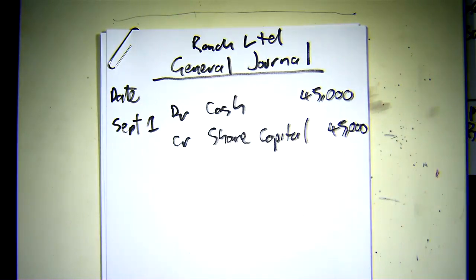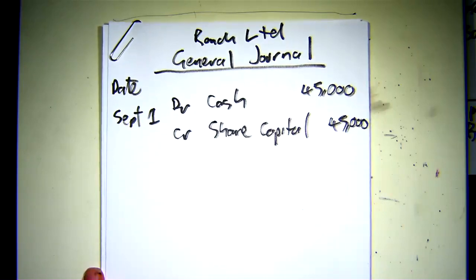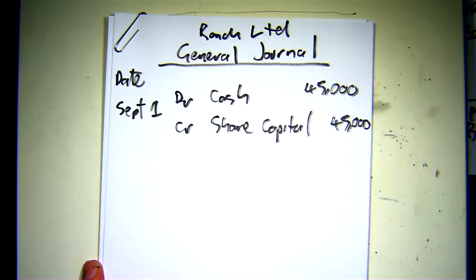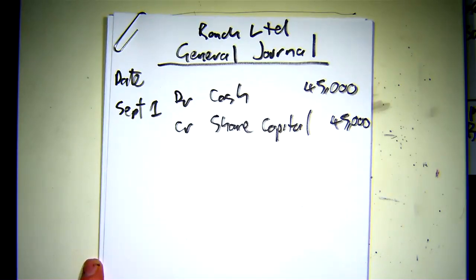So that's the first journal entry. We issue shares and receive $45,000 cash. I've omitted the posting references, but you'll see that in the answer, which I'll show later.